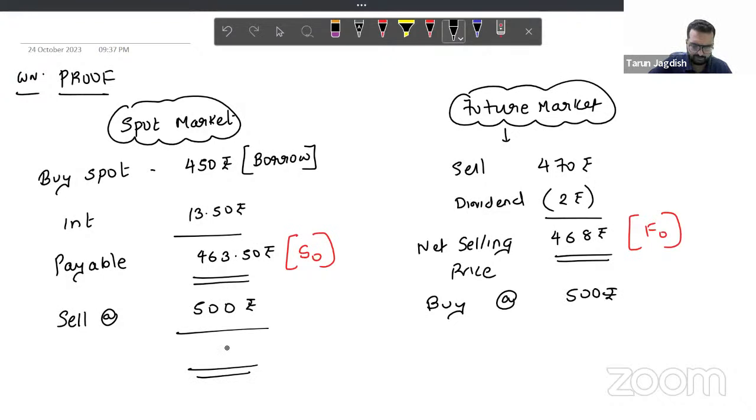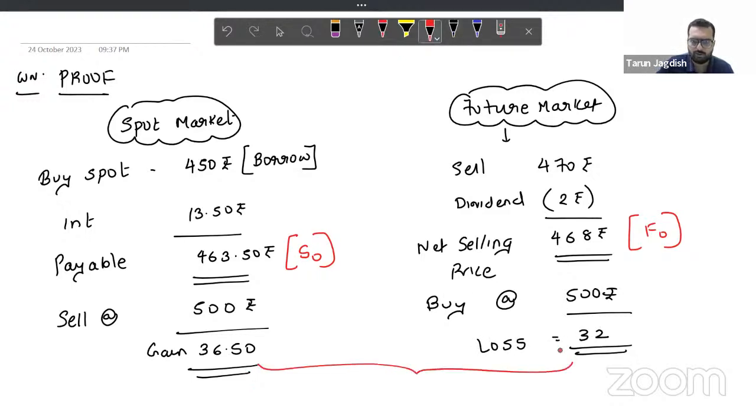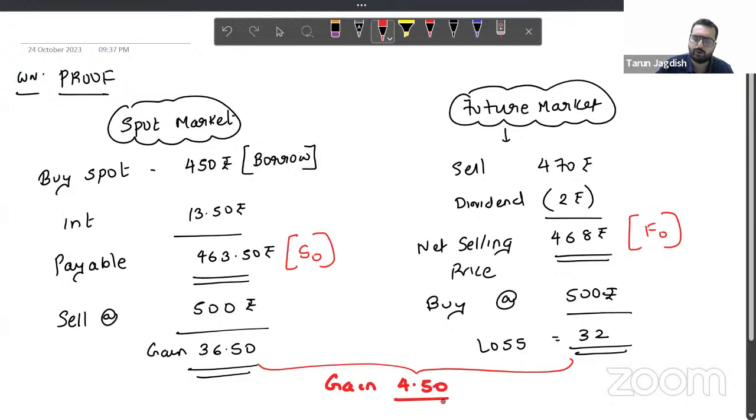So 463.5 minus 500. Here you make a gain of 36.5. Whereas here 500 minus 468, you make a loss of how much? 32. Okay. So now when you net up these two things, you will get the net gain as how much? 4.5. Hence proven that you are always going to make a profit.